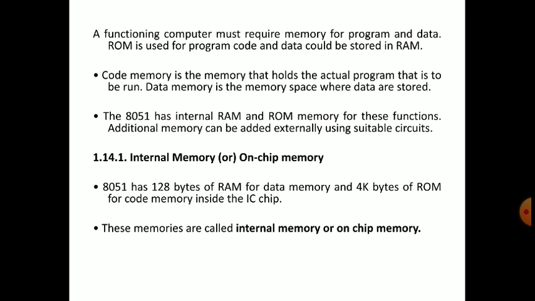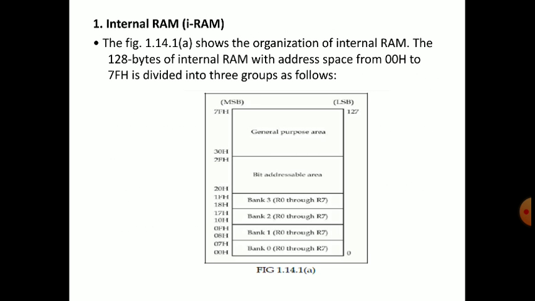And we have seen this introductory part in yesterday's video lesson itself. The internal memory or on-chip memory: 8051 has 128 bytes of RAM for data memory and 4 kilobytes of ROM for code memory inside the IC chip. These memories are called internal memory or on-chip memory.